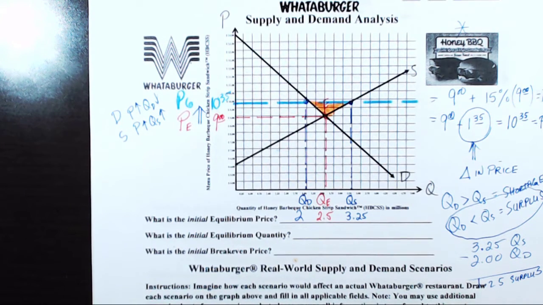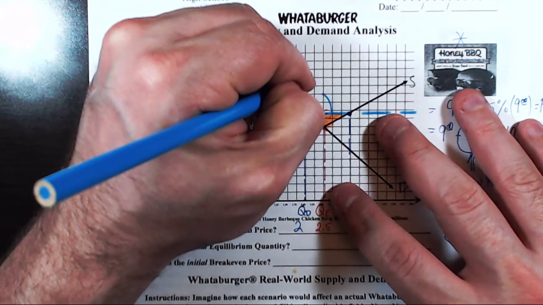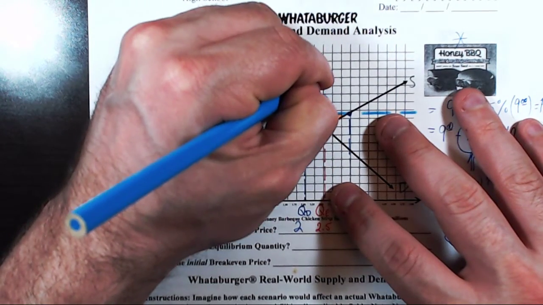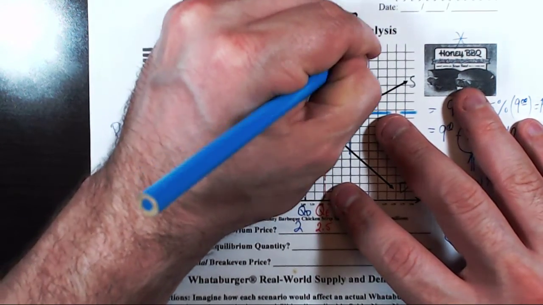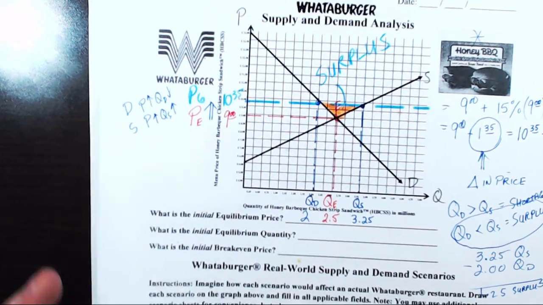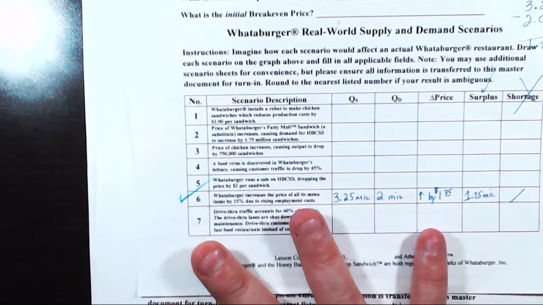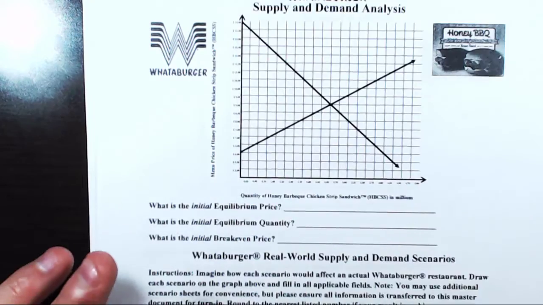When we start talking about government price controls, these shortages and surplus triangles will become important. But for now, we'll just point out that that is the surplus. Okay? So looking at number 6, we're done. So put a check mark, and we'll go to our final example.